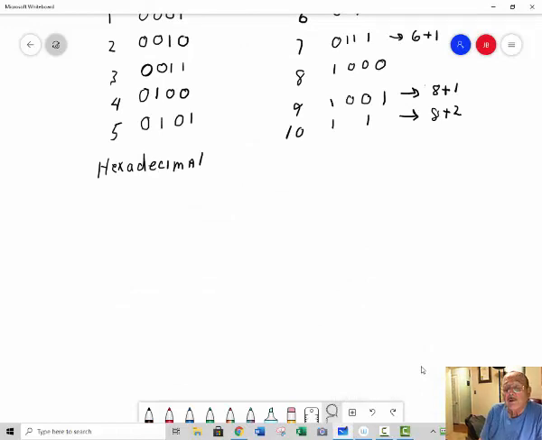Let's look at hexadecimal. Now what I want to do is set up a correspondence between the hexadecimal and the decimal.